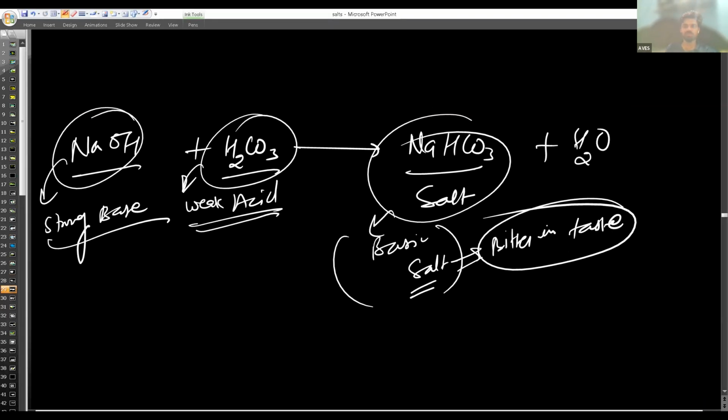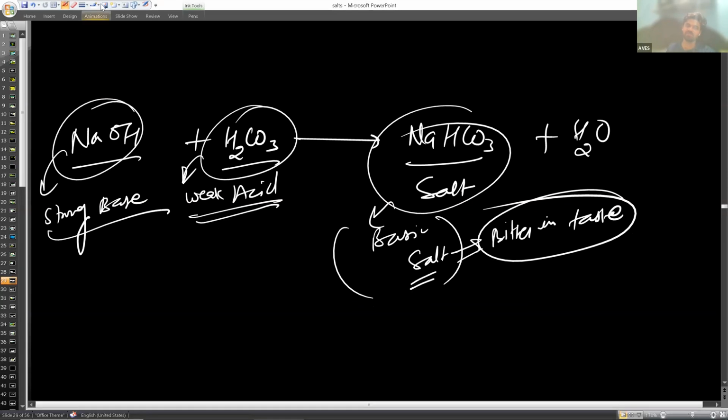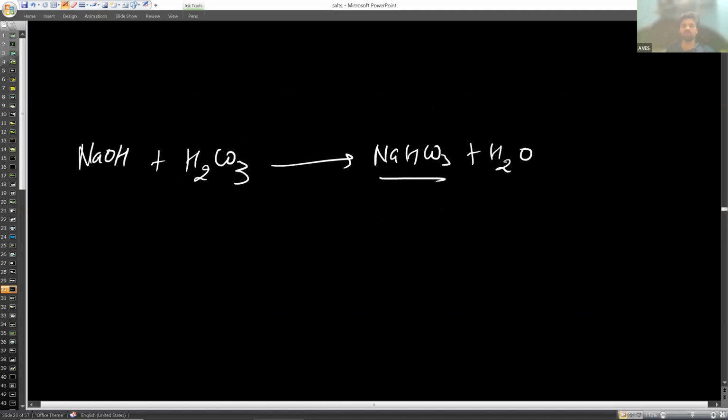Salt, but that salt will be basic because a strong base and a weak acid are there. Do you understand? When NaOH, which is a strong base, reacts with H2CO3, it will give you NaHCO3 plus water. Because it is a strong base and a weak acid, it will give you a basic salt. Understood?